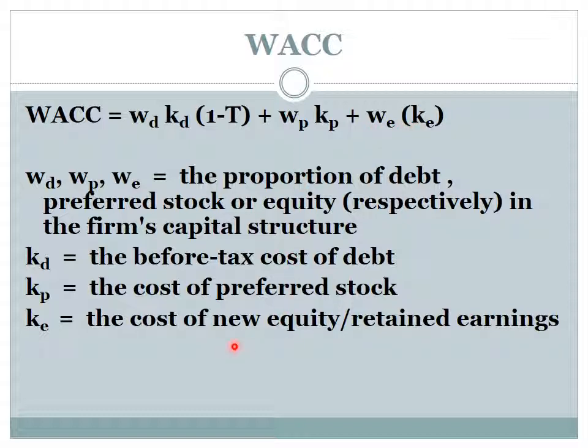Now, I talked about new common stock as being equity, but using retained earnings is also considered to be a form of equity financing, right? Because earnings belong to the shareholders.